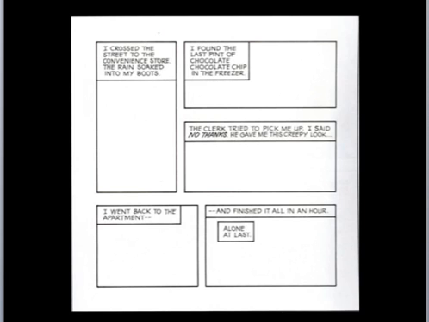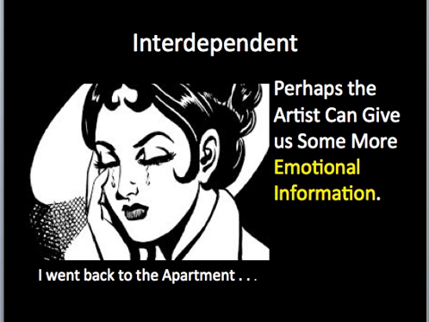So then we get to the point of, on the other hand, if the words are given without the pictures, the meaning of a sequence, could the words lock in the meaning of the sequence, then the pictures may really be able to take off. So here's another interdependent. Perhaps the artist can give us some more emotional information.